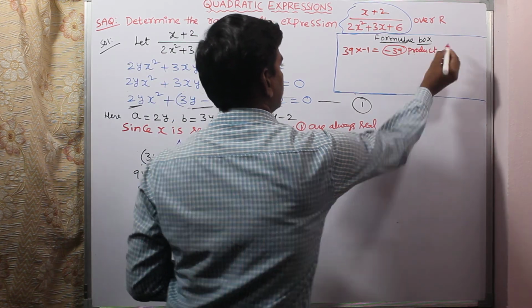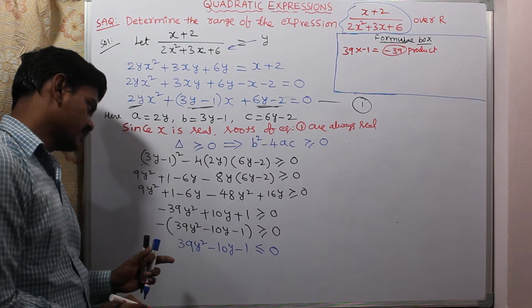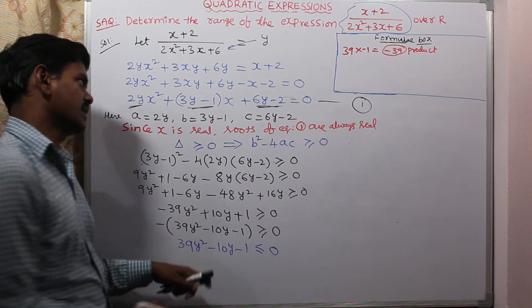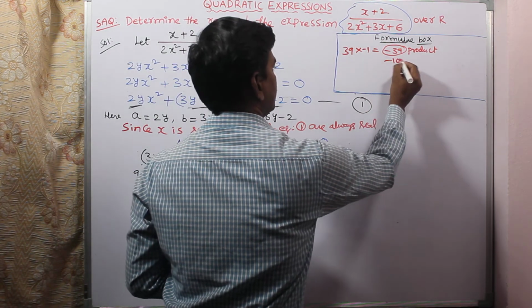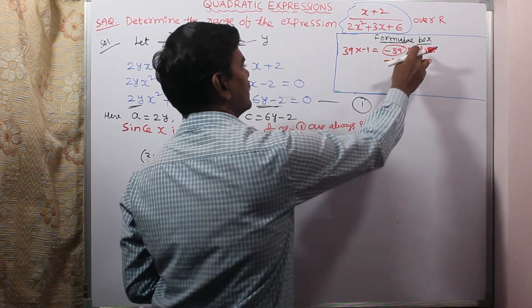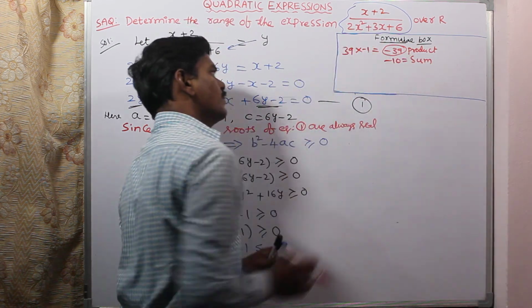Keep it as the product. Next, search for the sum. The sum is the middle term's coefficient, minus 10. So minus 10 is the sum. So think about two numbers whose product is minus 39 and whose sum is minus 10.